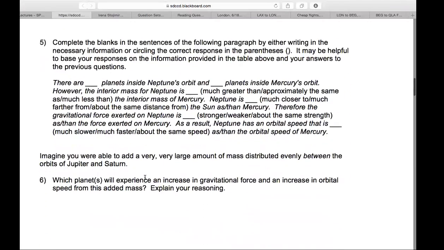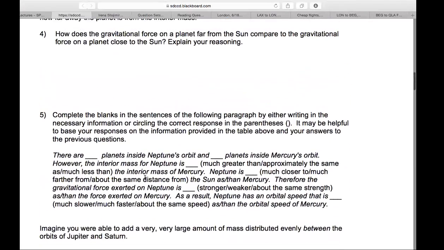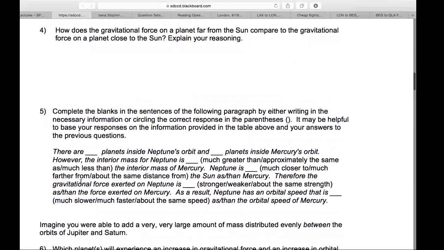Okay, so let's now fill in the blanks. Anna, you want to read this and fill in the blanks? Okay, I'll read it. Planets inside Neptune's orbit and 1 planet inside Mercury's orbit. Okay, stop there. What 8 planets inside Neptune's orbit, and is there 1 planet inside Mercury's orbit?